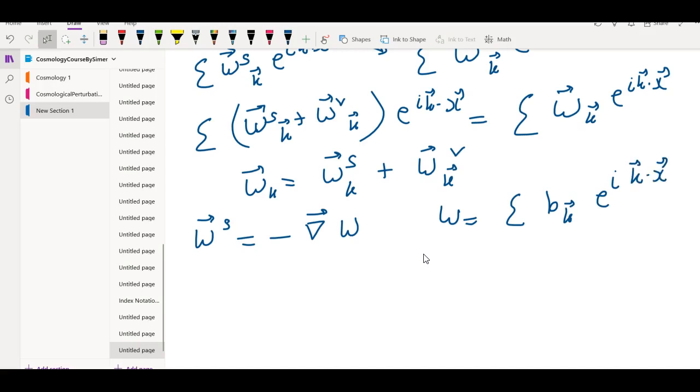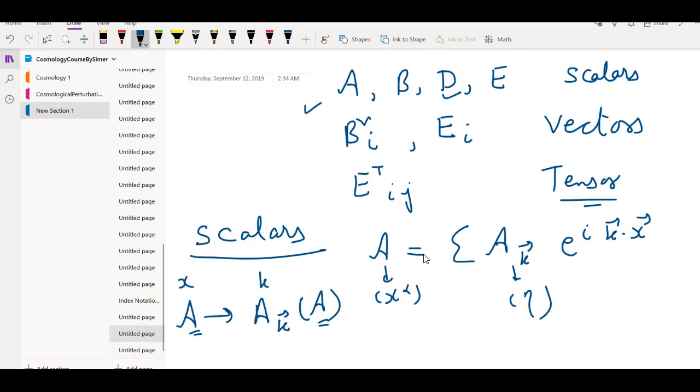B_k e^{ikx}. Now, why B_k? Why not W_k? There is a reason why I am not writing W_k. Because I told you that our expansion will be different from the expansion which we have done for the other scalars.